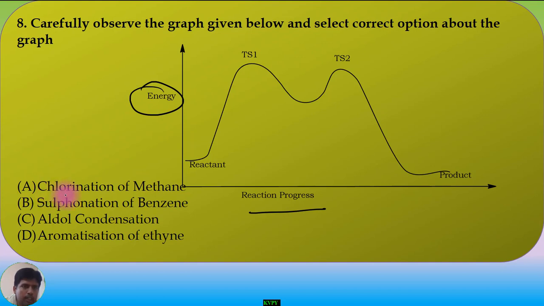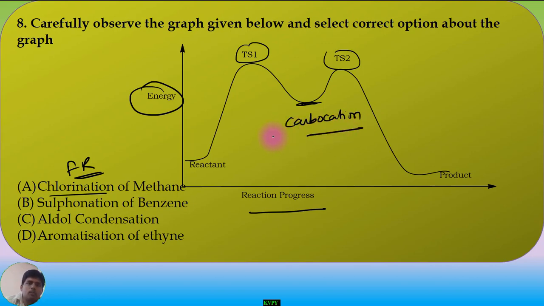Chlorination of methane follows free radical mechanism. So this is not the graph for free radical mechanism. TS1 and TS2, that means there should be some intermediate getting formed, preferably carbocation here. Though it is not mentioned, it is imperative that it should be carbocation. Sulfonation of benzene.